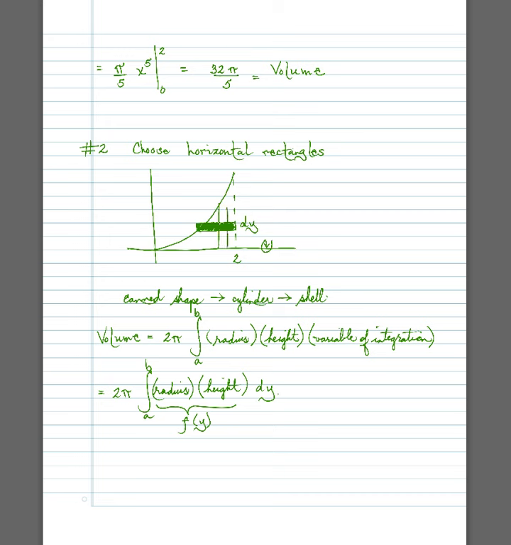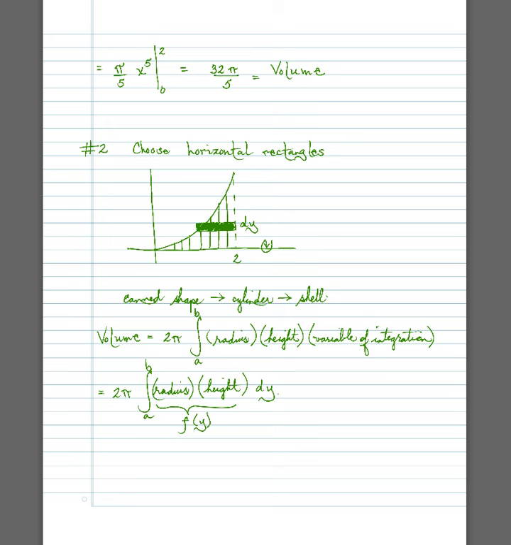The x-axis to the function. And notice the way I'm drawing this, that the distance from the x-axis to the function is not always the same. That is, it's varying. So we need some way to deal with that. Okay. So the question is, well, how do we deal with that?